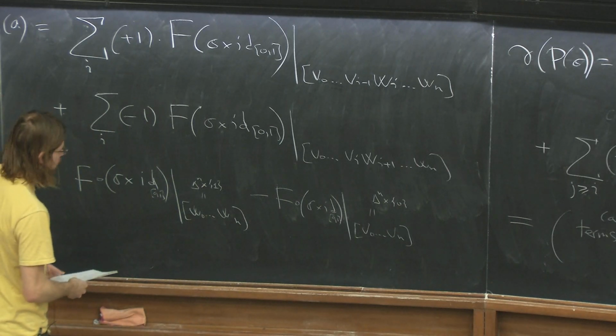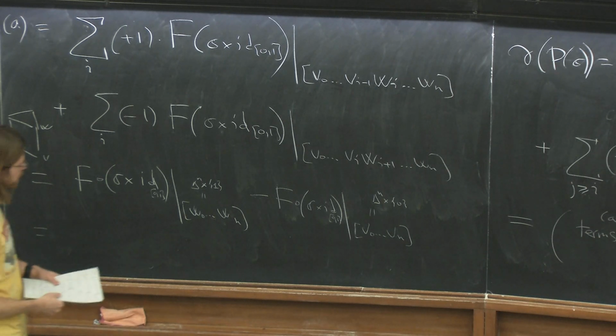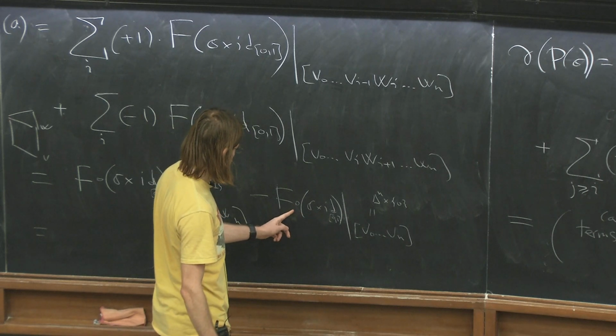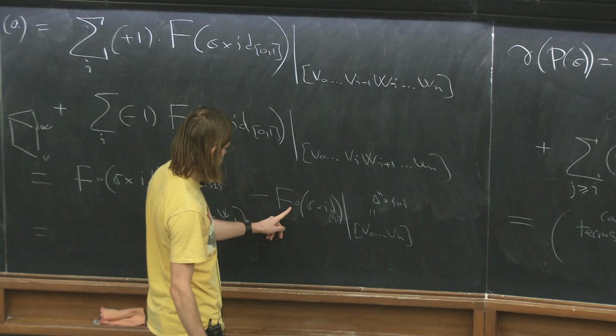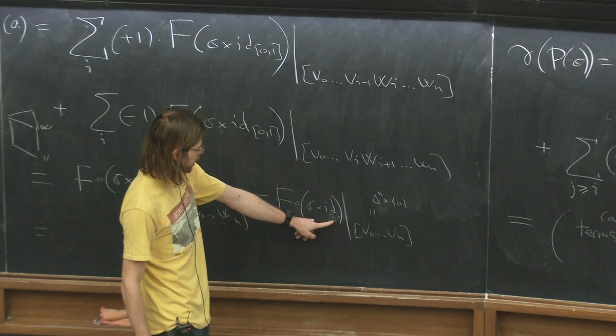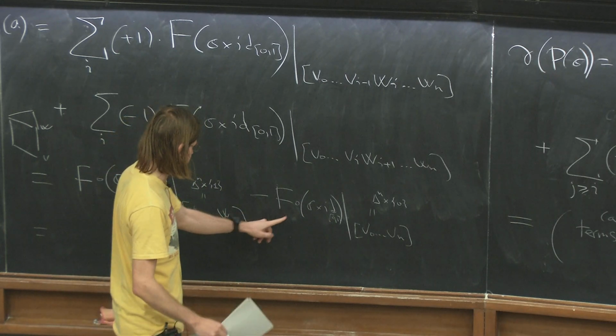If we restrict, here we have v vertices, and here we have w. So this restriction is equivalent to, since we're considering the 0 boundary of this interval, here we can restrict f.